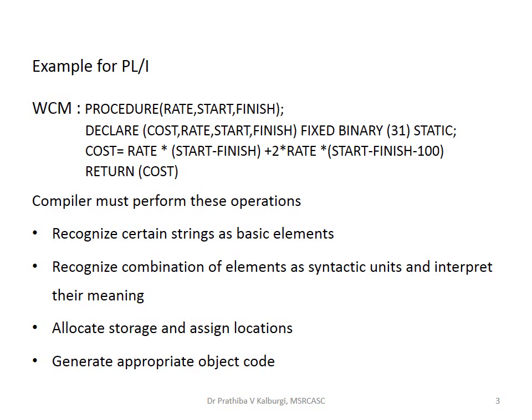The third statement is an assignment statement which requires 7 computations, and the last statement returns with 1 argument. Then it allocates space in memory and assigns locations for all the variables in the above program. And lastly, it generates the object.